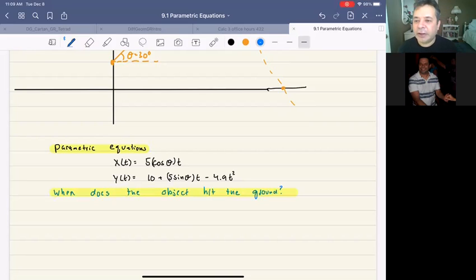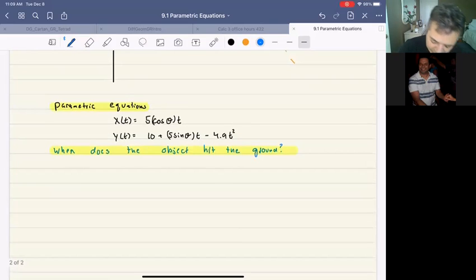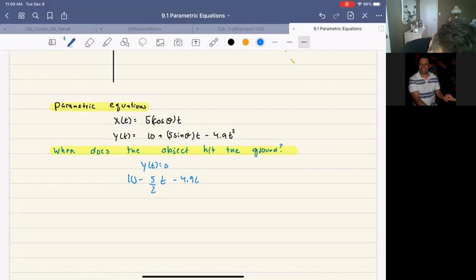That means we need to solve y of t equals 0, or 10 minus 5/2 t minus 4.9 t squared equals 0, because sine of 30 is 1/2.